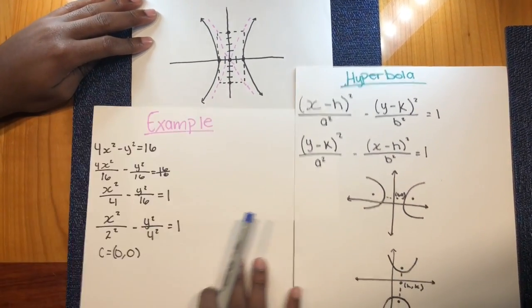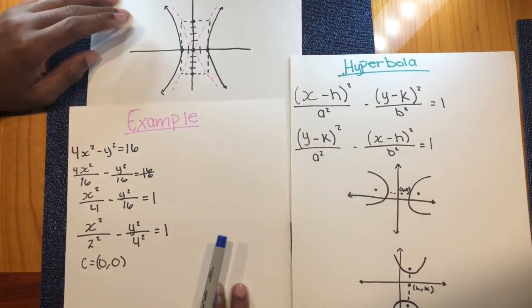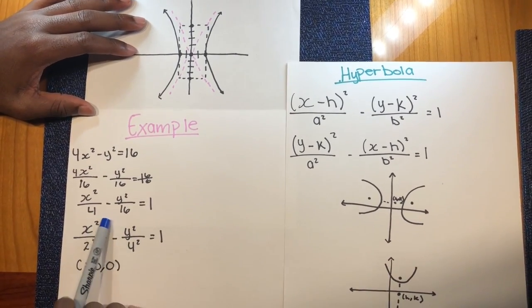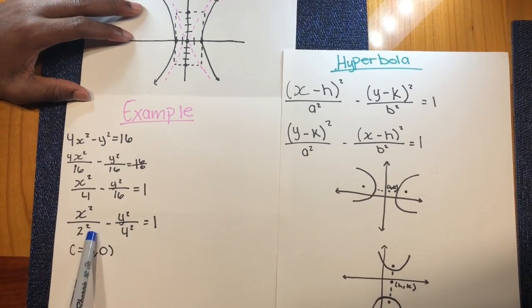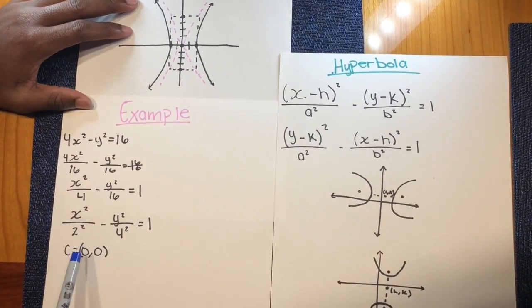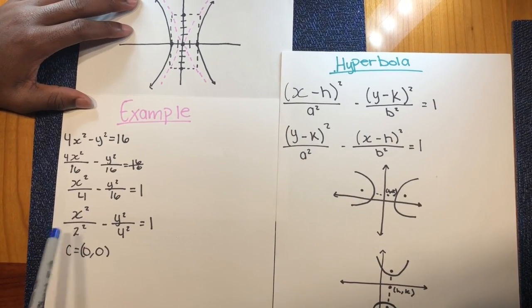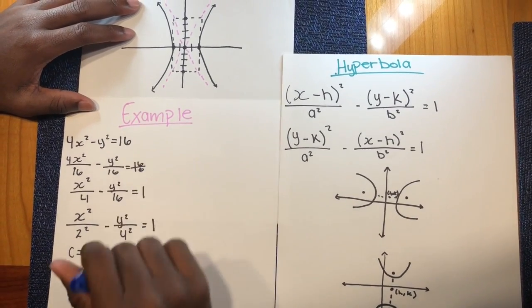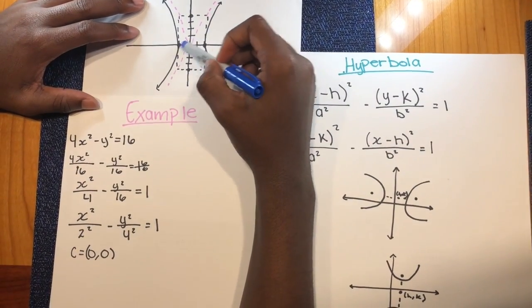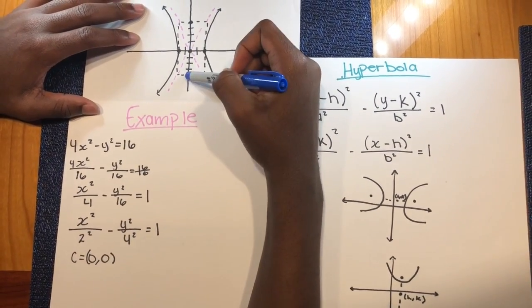After we plot our center, we're going to look back at the work we previously did, and we're going to go 2 to the left and to the right, because that is what we got on the bottom of our x squared value, and then 4 up and 4 down. So 2 to the right, 2 to the left, 4 up, 4 down.